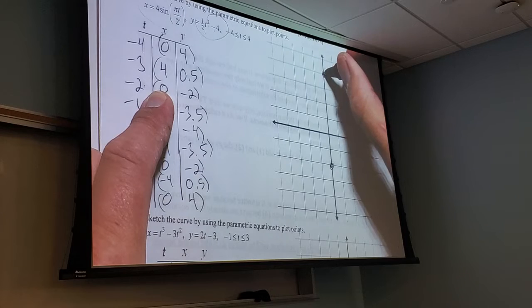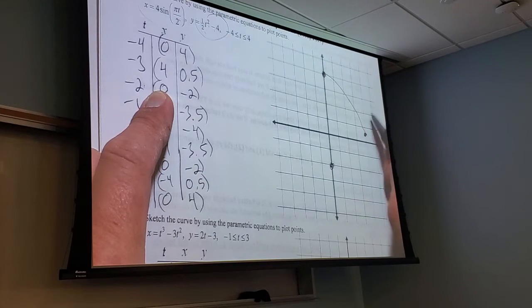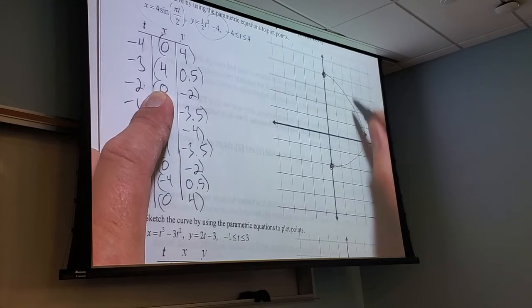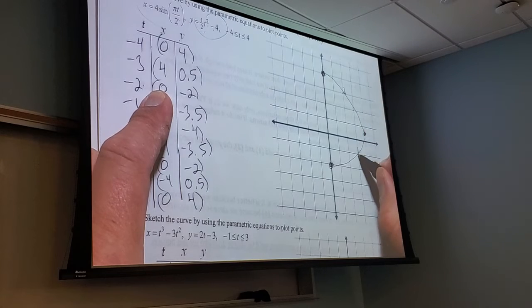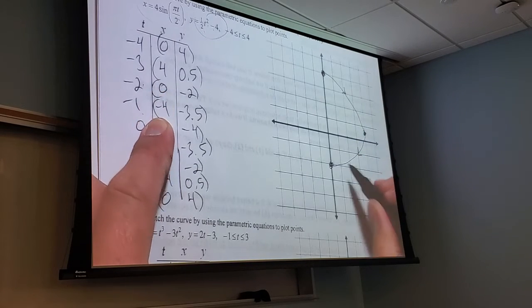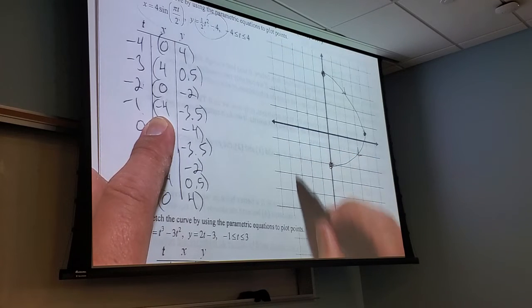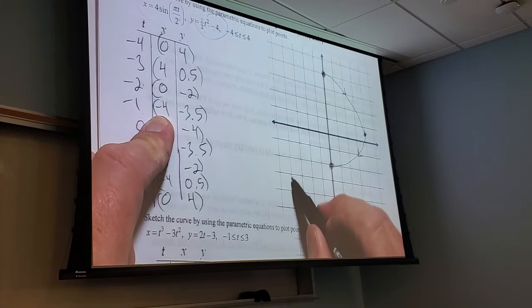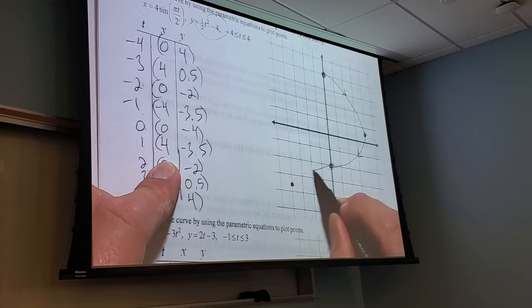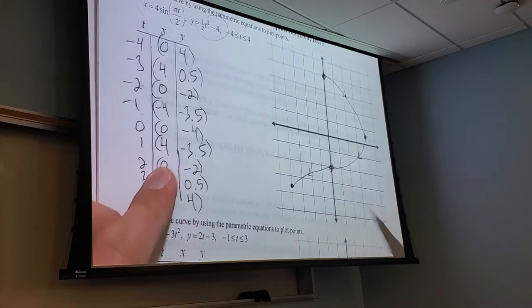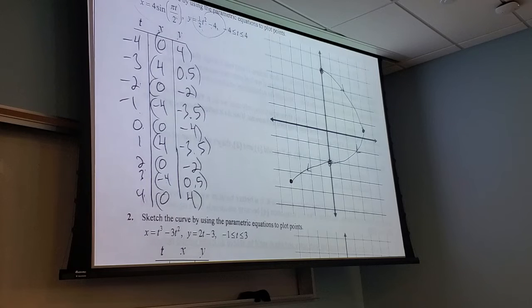So I'm going this direction. Let me put a little arrow so I can keep track of what's going on. Negative 4, negative 3.5. Negative 3.5 there. Going this way still. Is that cool? Let me just stop for a minute.